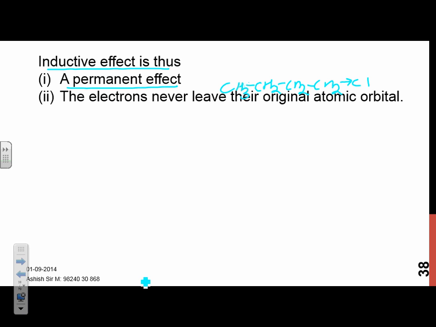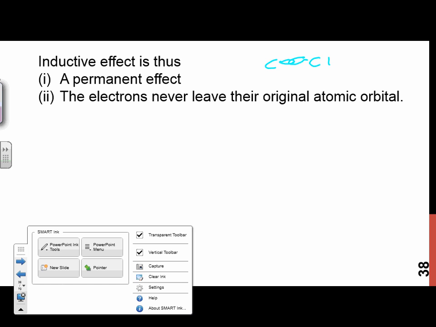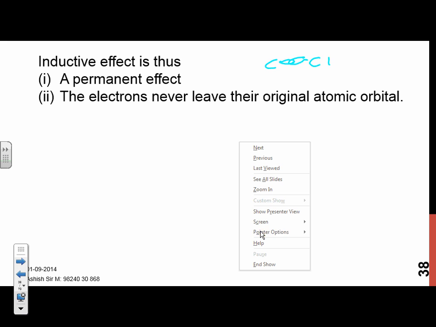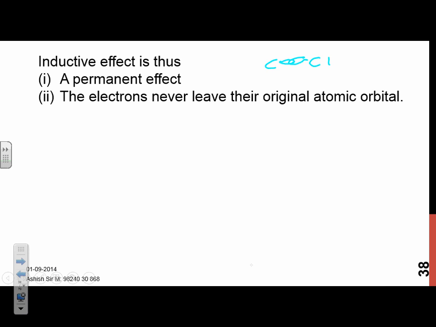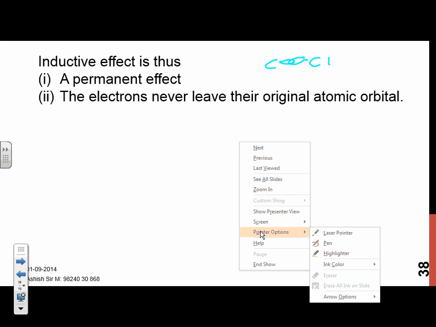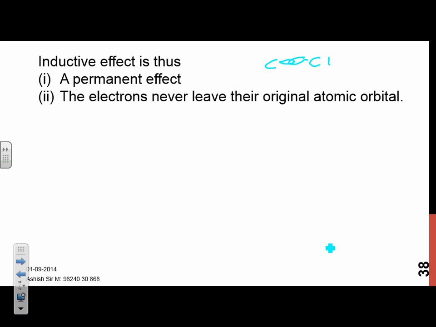Chlorine has pulled the electron. If I talk about this carbon and chlorine, let's say they have shared this orbital and the electron pair is here. Now, when chlorine is pulling the electron pair towards this side, let me repeat it again.